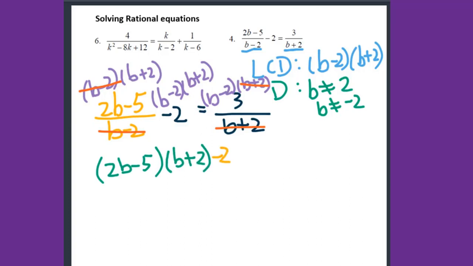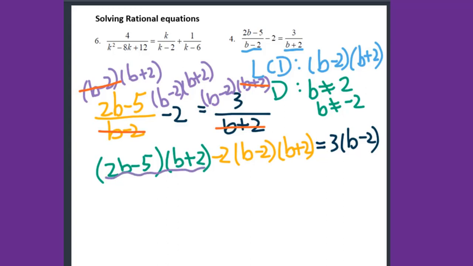Then minus 2 times b minus 2 times b plus 2 equals 3 times b minus 2. For the first part, I will get 2b squared plus 4b minus 5b minus 10.